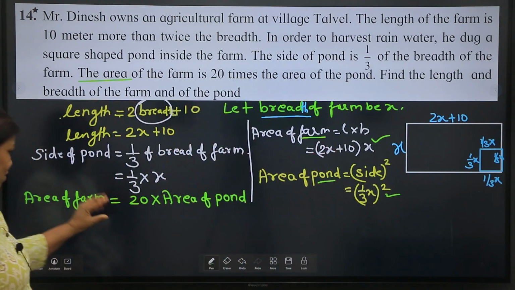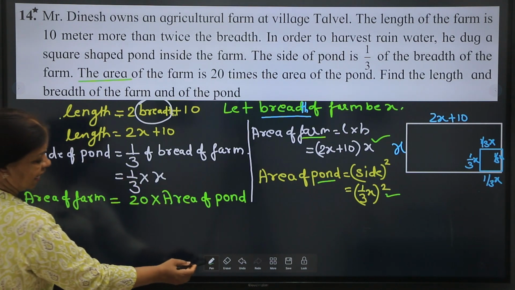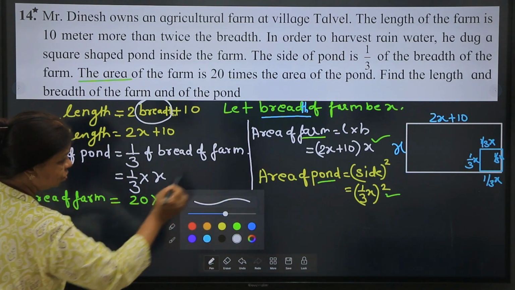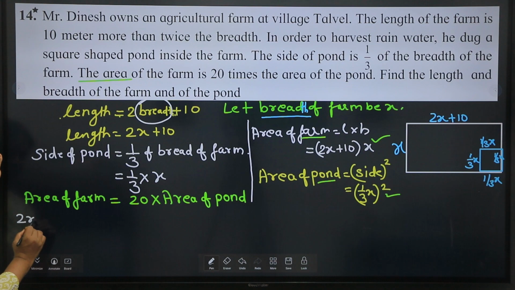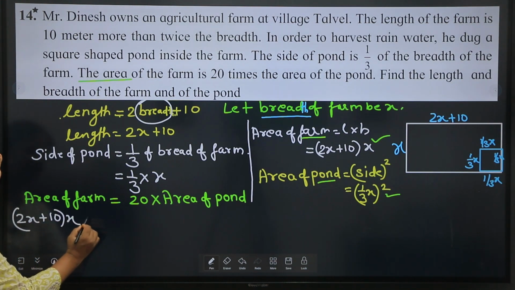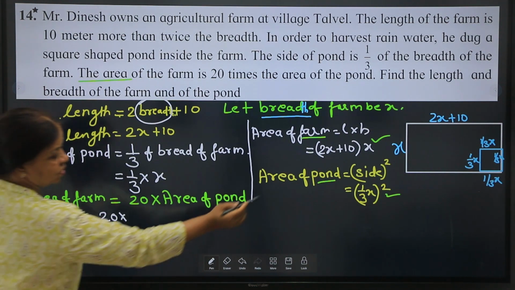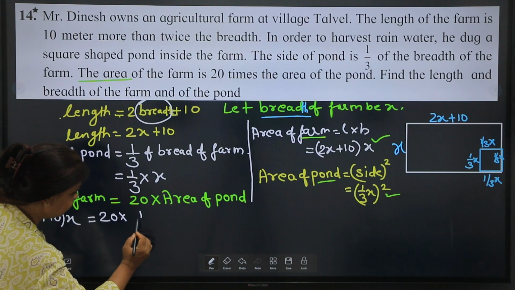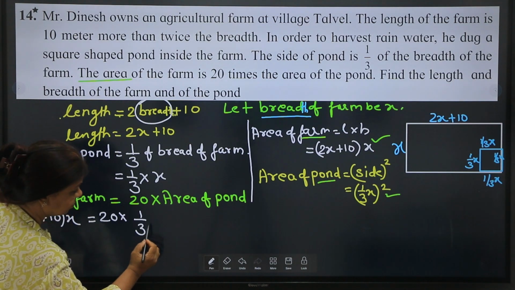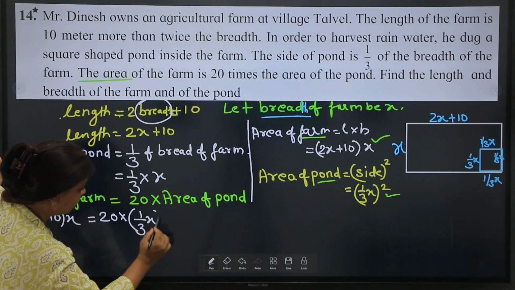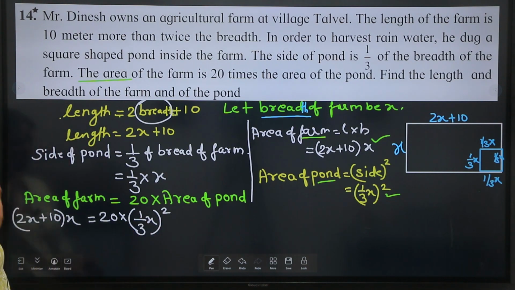Let us place this value here. Area of farm is (2x plus 10) into x is equal to 20 times (1/3 x) the whole square.